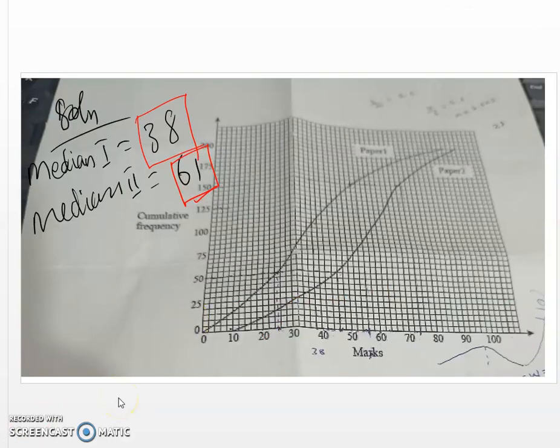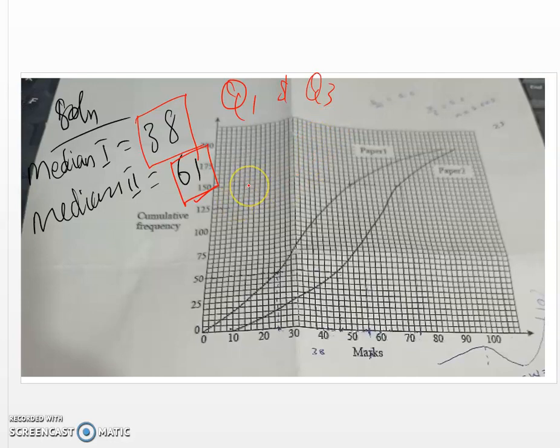The interquartile range is usually represented with Q. Of course, we will have Q1 and Q3. Think of Q1 as the median of the lower half of the data, and Q3 as the median of the upper half of the data.